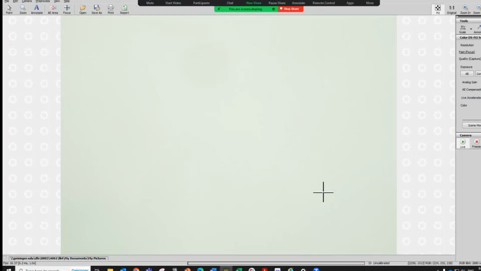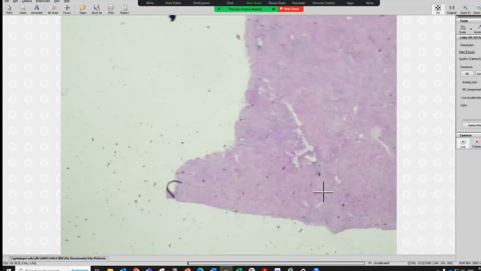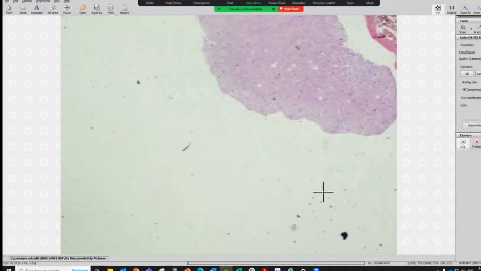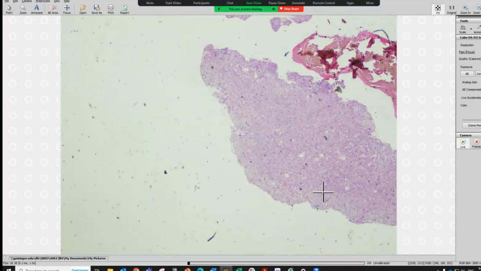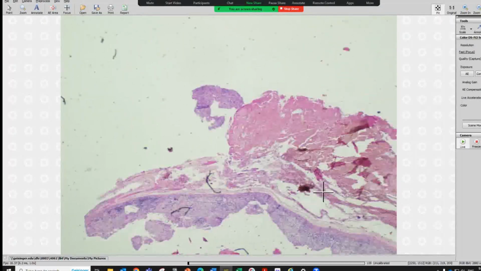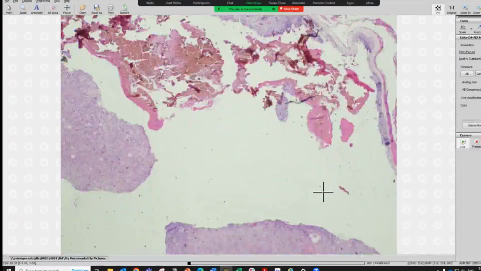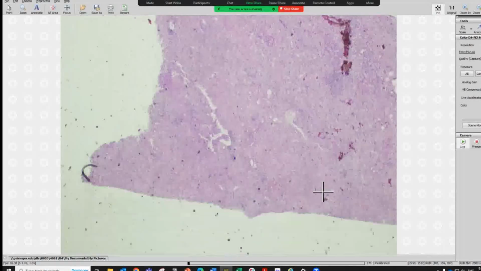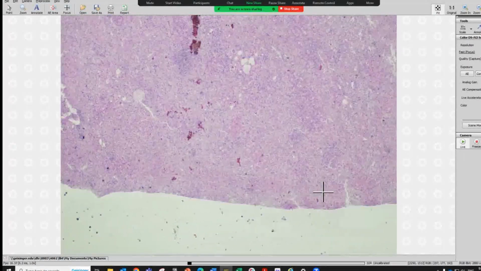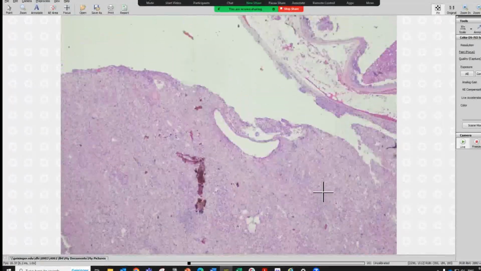So I have the last case. Go to low power. This one is different from all the slides I showed you before. What really catches your eye is this nested, sheet-like growth of cells with eosinophilic cytoplasm.